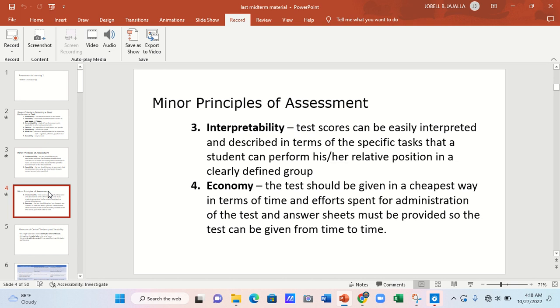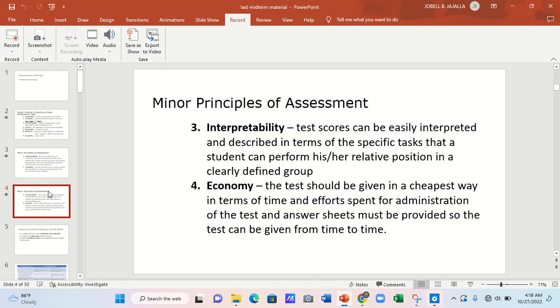So kung tahay sa section sa BSED Field 3A, makita nato sa test score kung aha nagtindog or aha nadapit si student A compared to the rest of the students in that same section. Okay, so that is interpretability.